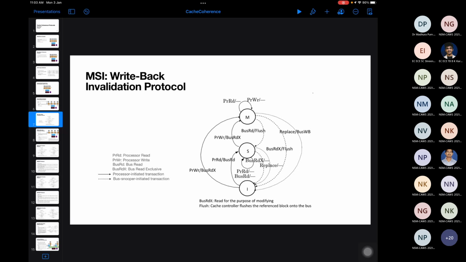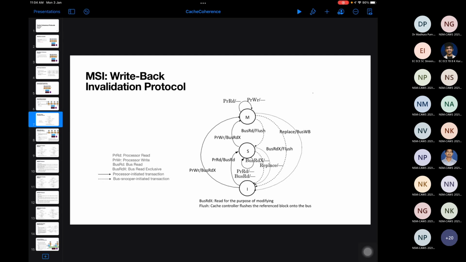So now, there is some issue with this MSI protocol. Let us say my application ultimately wants to update some location in a block, but first it wants to check some condition. That means it wants to read the data, check some condition, then update.